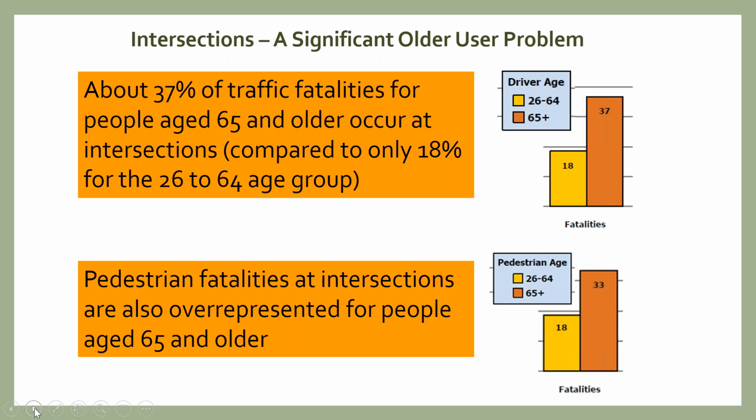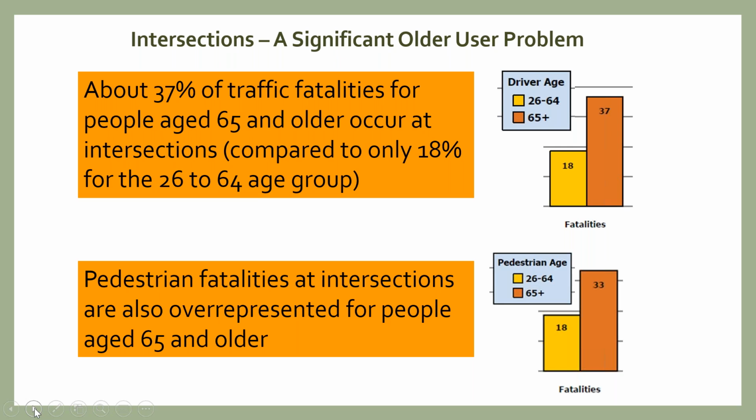Similarly, pedestrian fatalities at intersections are also overrepresented for people age 65 and older. A pedestrian involved in a collision with a car doesn't have that shield of steel, the vehicle, that suit of armor protecting them. The pedestrian is most vulnerable, and an older person also has the inherent challenge of perhaps being less able to absorb collision forces before harm occurs.